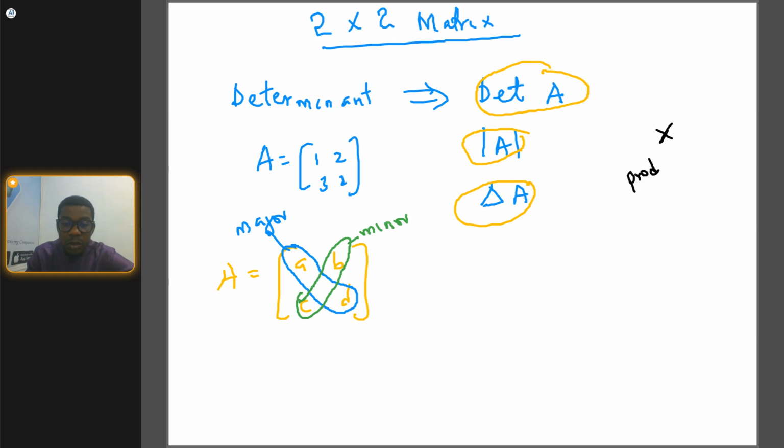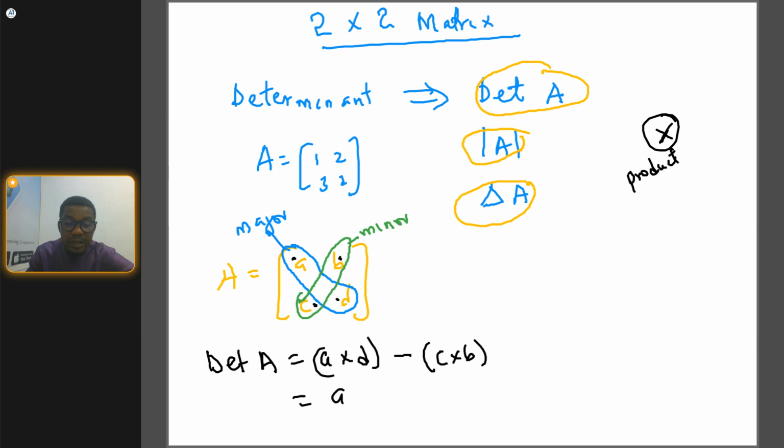So the determinant, det of A, is equal to the product of A and D, the major diagonal, A times D, minus, open the brackets, the minor diagonal, which is C times B. So that will give us AD minus CB. This is the formula to solve for the determinant of a matrix. We are using alphabets, and that is why we don't have a specific value.